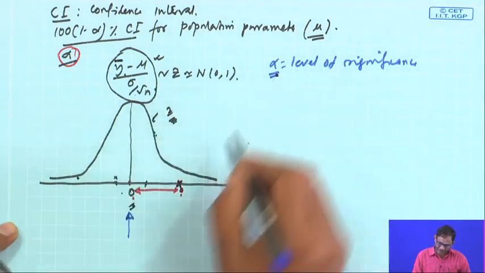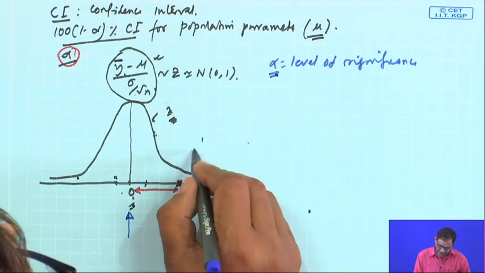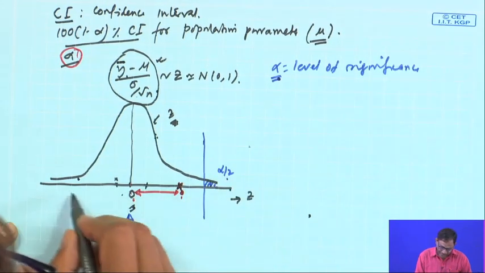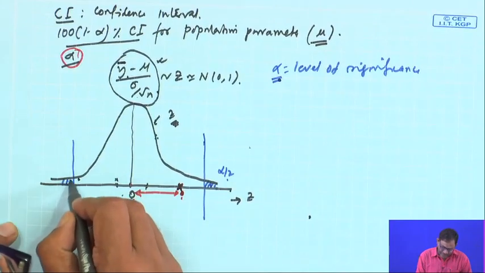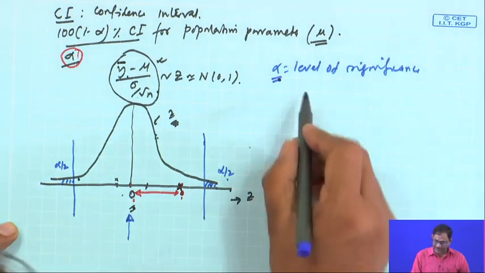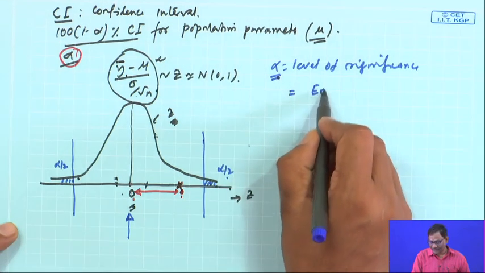So, this alpha will be divided into two parts: alpha by 2 on this side, the area under the curve, and also alpha by 2 on this side.